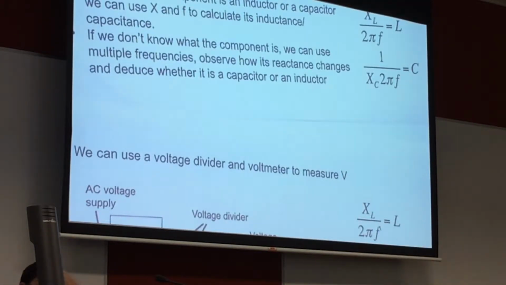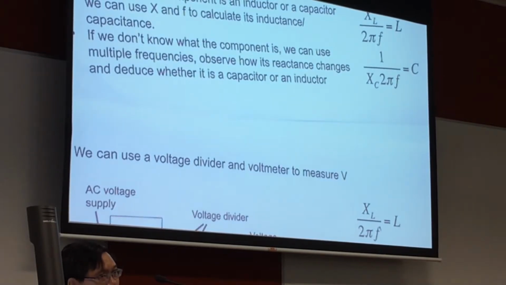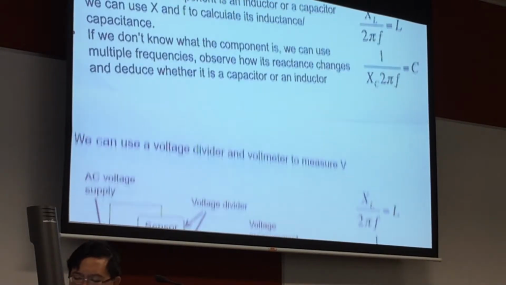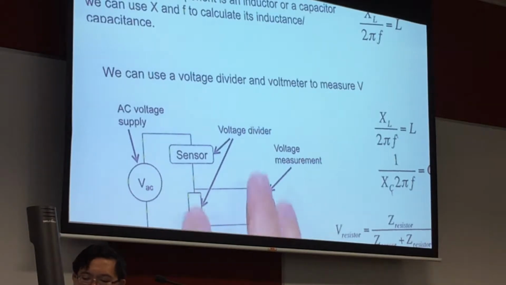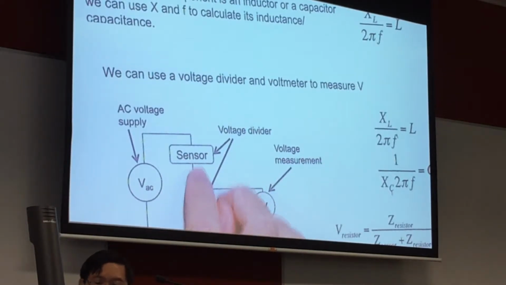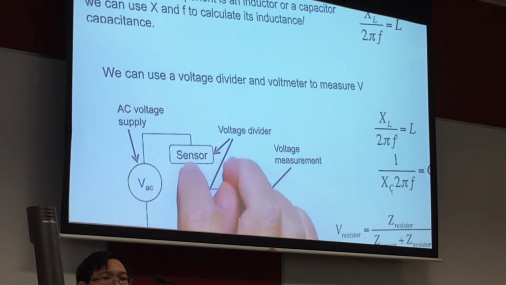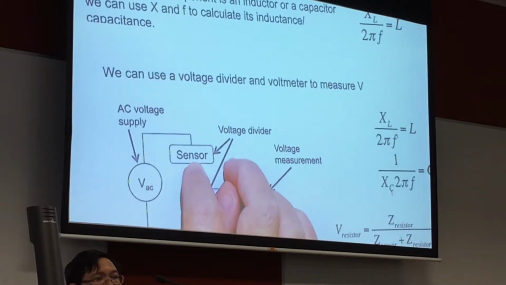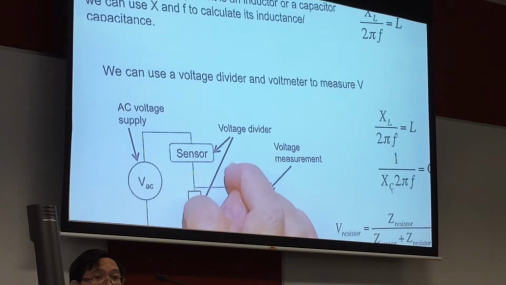That doesn't matter. What you need to know is, supposedly I have a sensor like this. Okay? Based on just now, remember the tutorial question? If I put an inductor, as the frequency increases, what will happen to your impedance? It increases, right? So your current will decrease, right?